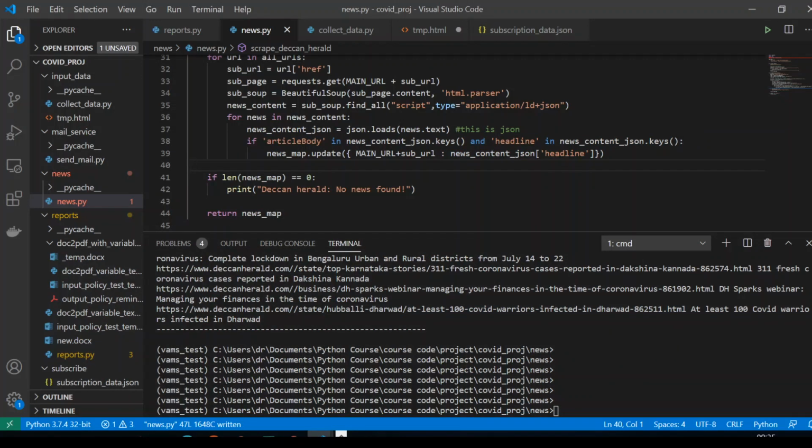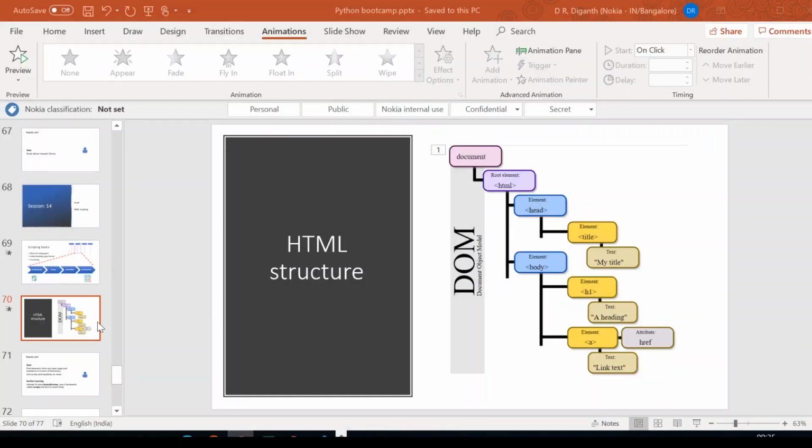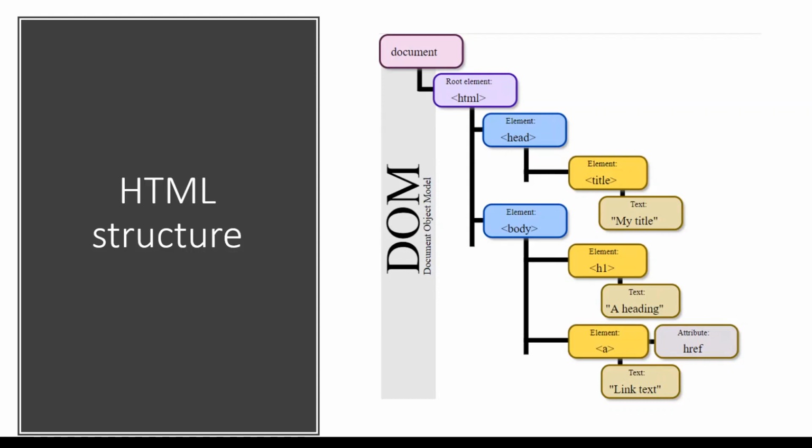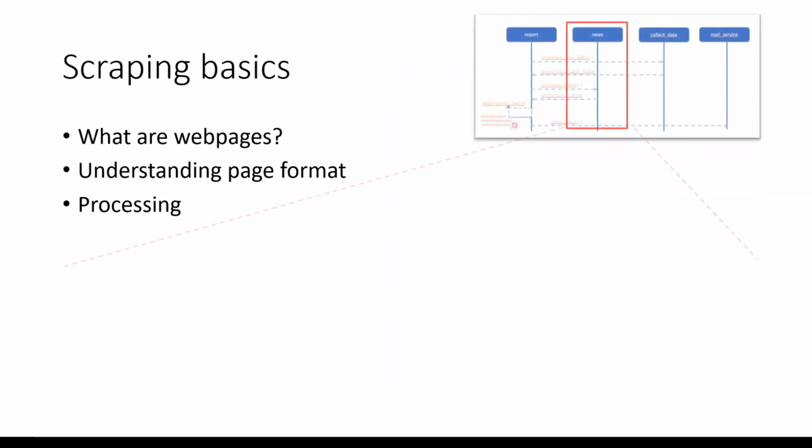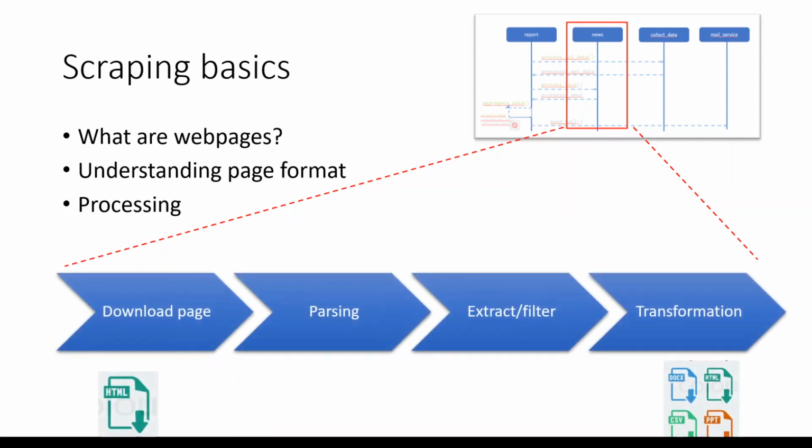You should keep in mind that there is a certain process in your head. You need to be aware of the HTML structure of whatever data you're trying to download with the requests library, know what the web pages are, what their format is, and how we process it.